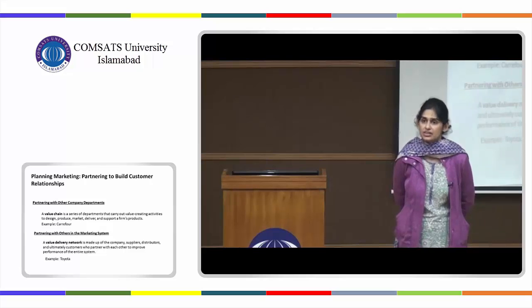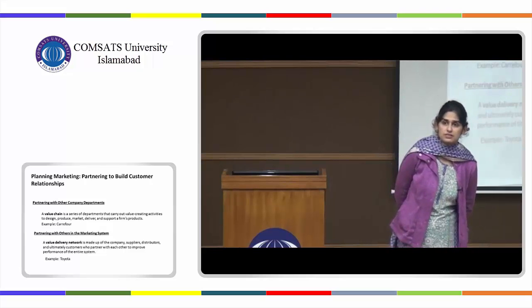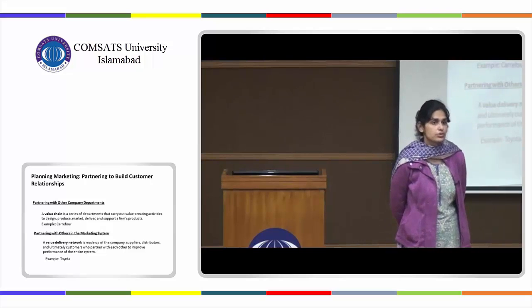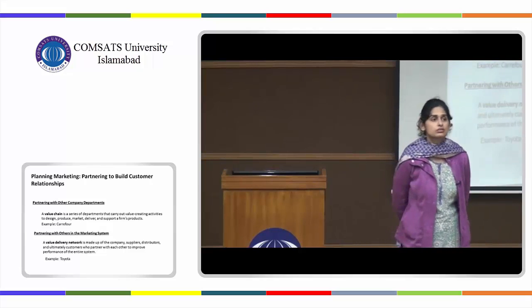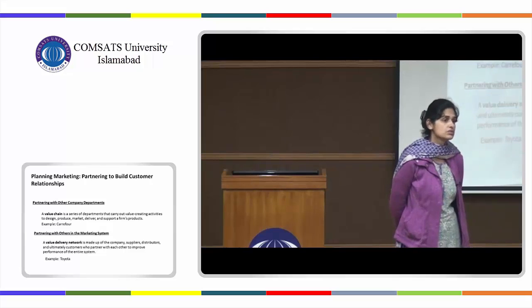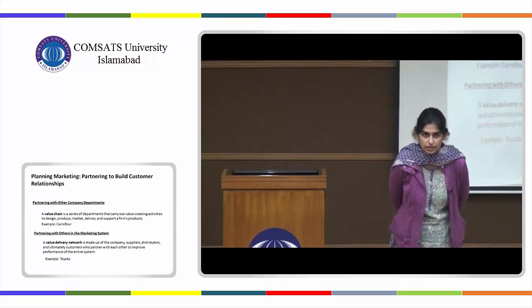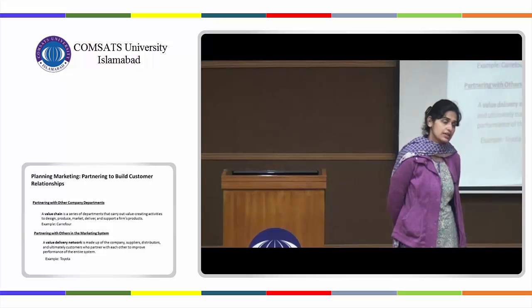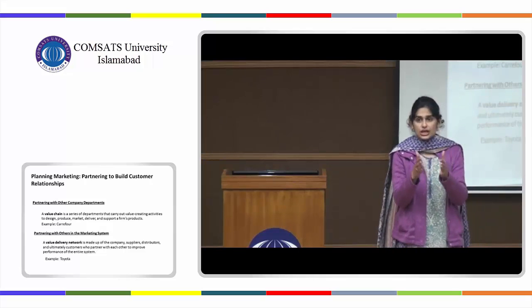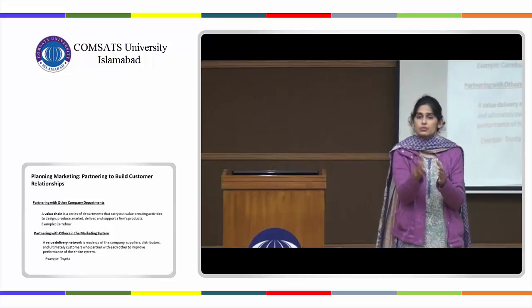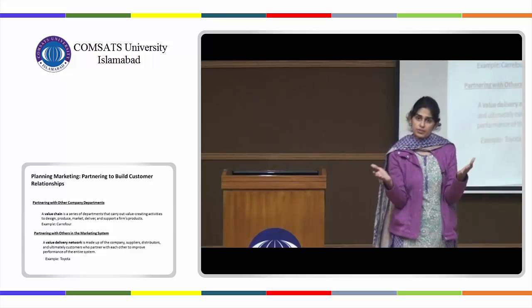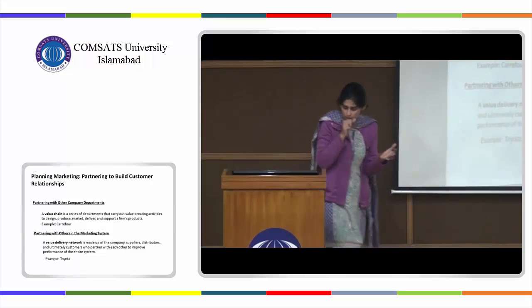Would they be able to buy those products and put them on the shelves? No, they would not be able to. So for a superior value delivery, you need to ensure that all the departments are well coordinated. If they're not well coordinated, that means the value chain would be broken somewhere and you would not be able to deliver the value that you promised, right?